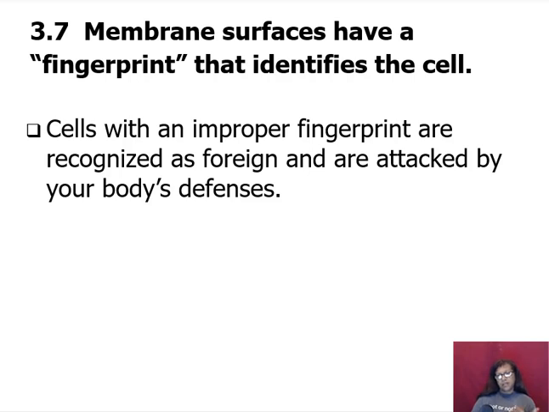And so cells with an improper fingerprint can be recognized as foreign and attacked by your body's defenses. Well, that's bad, because that is a severe autoimmune condition, hence the name auto, self, immune. The immune system is attacking self, and that can be deadly.